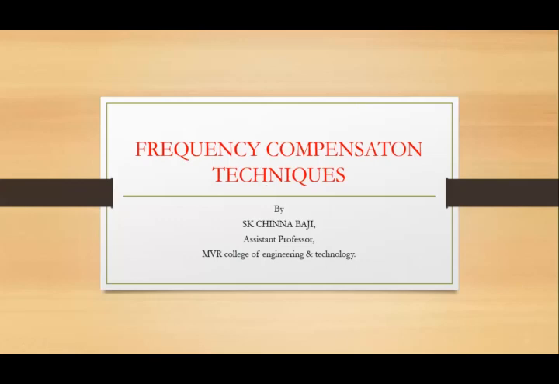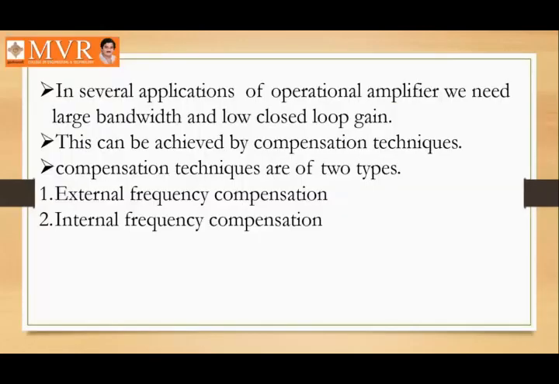So why are we going for frequency compensation? In several applications of operational amplifiers, we need a large band. The op-amp must operate in a large bandwidth, but it may not be possible for a practical op-amp as there is an effect of the three corner frequencies, as we discussed in the last class.